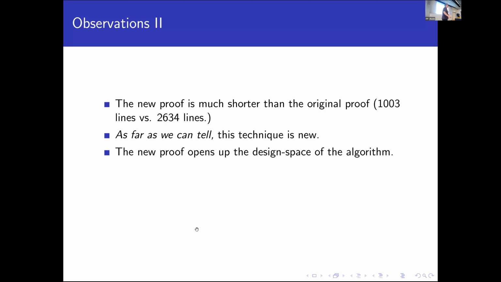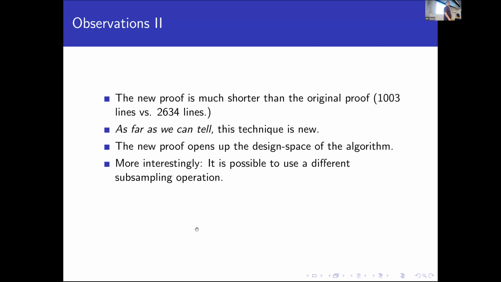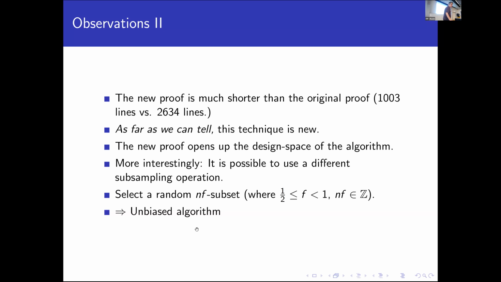It's possible to generalize the algorithm in slight ways, and that's how we came up with our new variant of the algorithm, which is unbiased. I'm running out of time, so I'm just going to mention that very shortly. Instead of choosing each element independently, randomly removing, you can remove a fixed count of elements, and you can still make that algorithm work. And that only works with our new proof technique. You couldn't generalize the old proof to give that new result.